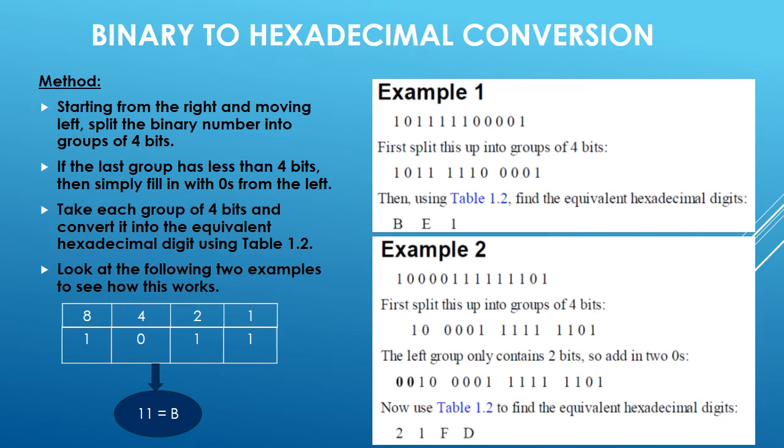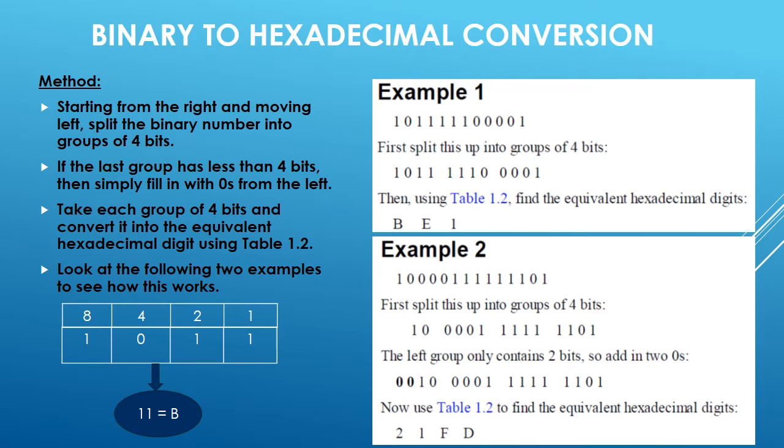For the next group, the number is 1110. If we put the binary notation 1, 2, 4, 8 on this number and add the binary notations whose value is 1, that gives us 8 plus 4 plus 2, which is 14.